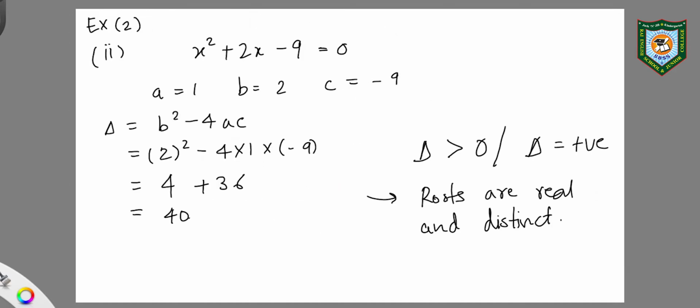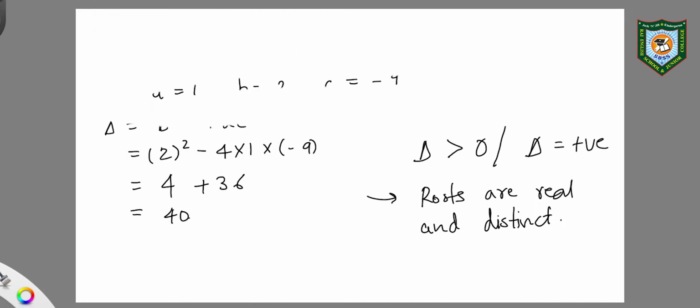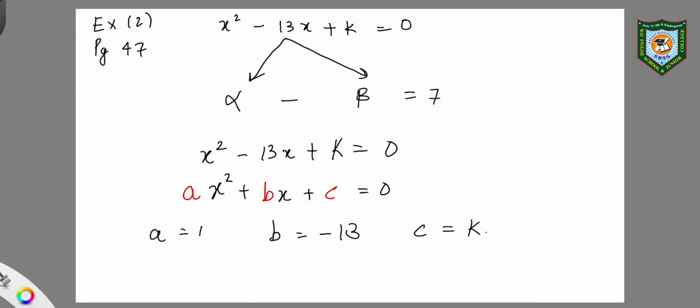Now we all know that alpha plus beta is equals to minus b by a, and alpha times beta is equals to c divided by a. Now in our case we have b as minus 13, a as 1.